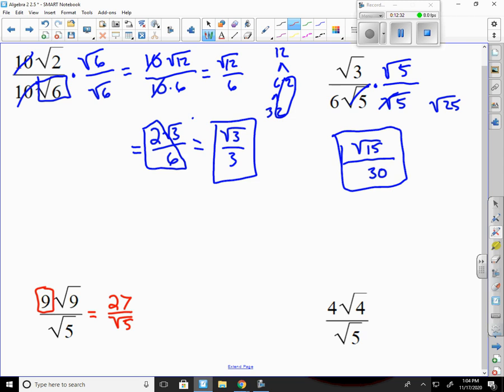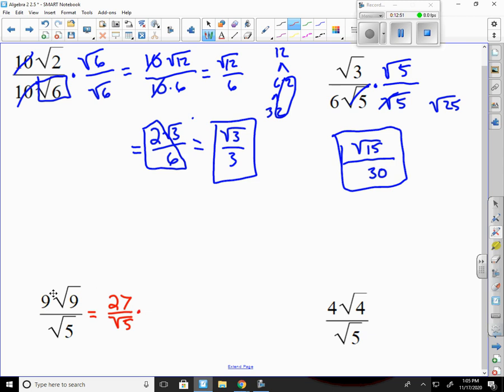Right. But we have to get that square root off the bottom. Yep. Yeah, do the same thing we've been doing.